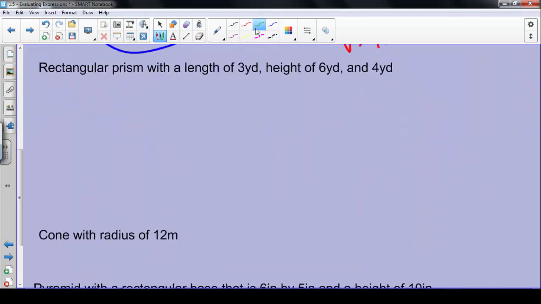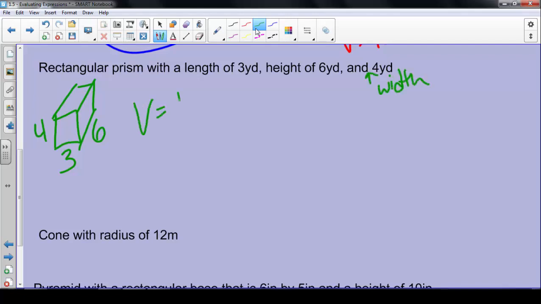So next up, we've got a rectangular prism with a length of 3, height of 6, and a width of 4. This should be width right here. Once again, volume is area of that base times the height. And it doesn't necessarily even matter in this case which one you'd make the base.